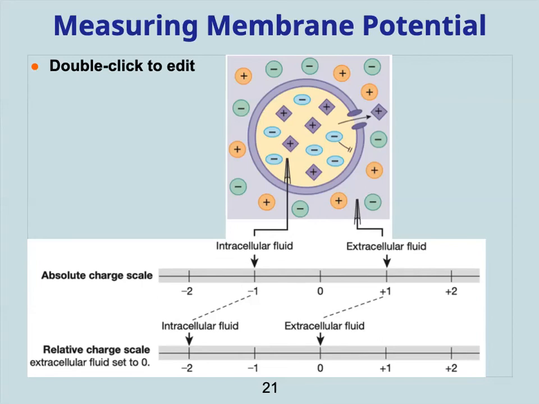In real life, since we cannot measure the absolute number of ions, we have to set the extracellular fluid as the ground, a default 0. That gives the ICF a relative charge of -2.